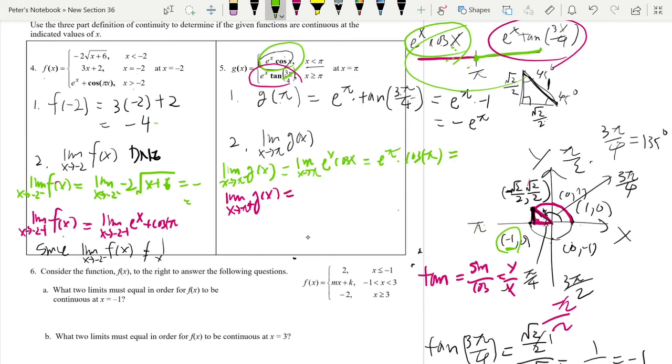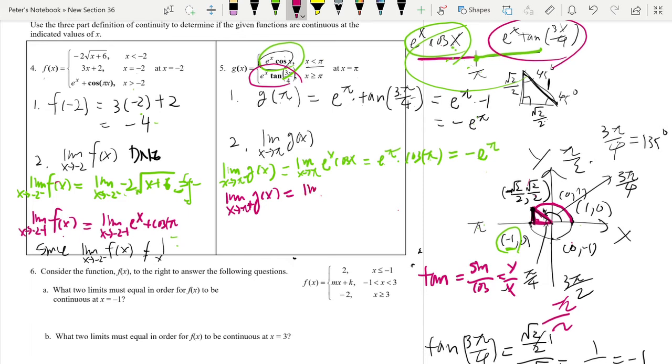So you get negative 1 times e to the pi, which gives you negative e to the pi. We have a good feeling, maybe. But we had a good feeling over here too. Remember, we got 4 here and negative 4 there. As long as this is also negative e to the pi, maybe we'll work it out.